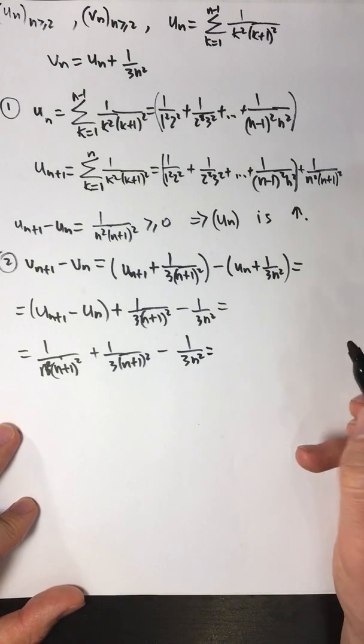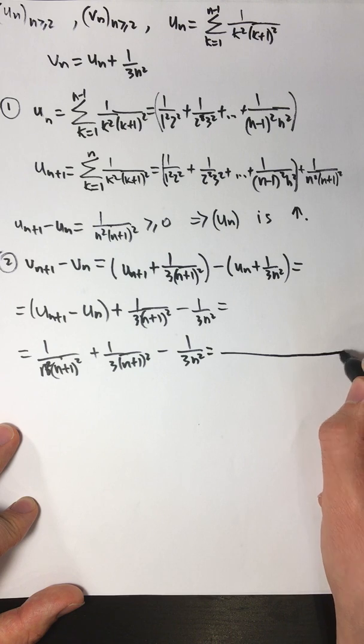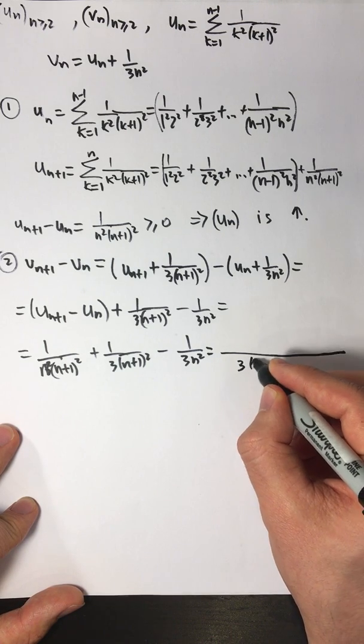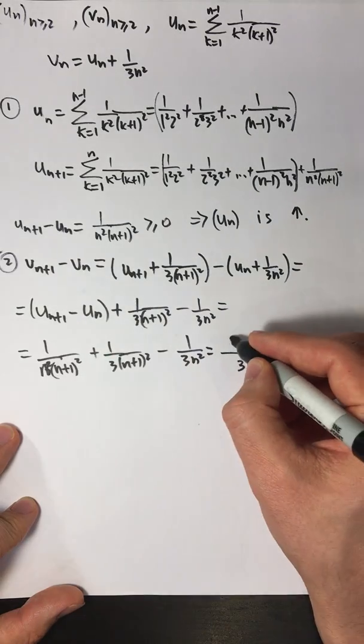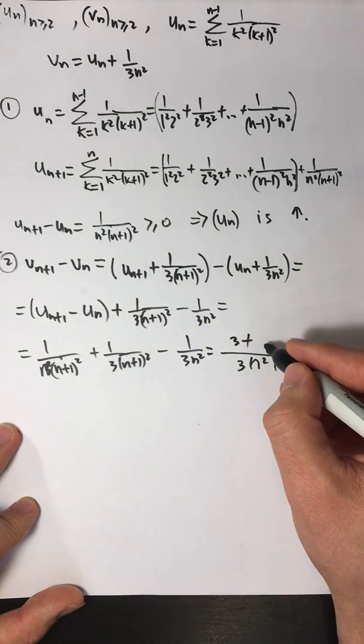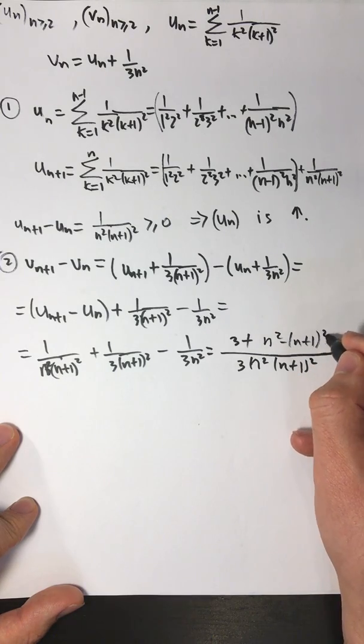Okay, and now common denominator. 3n square n plus 1 square. Here it's 3 plus, and here it's n square and minus n plus 1 square.